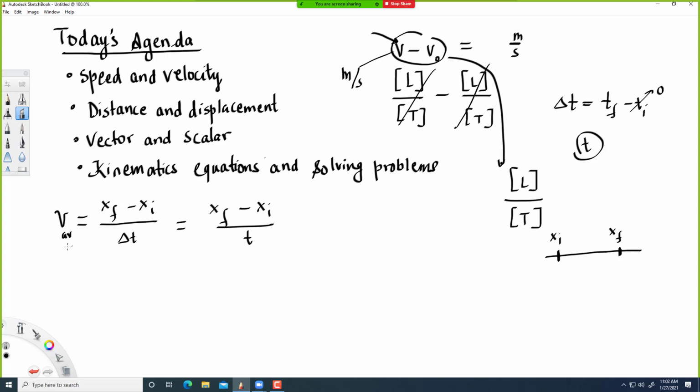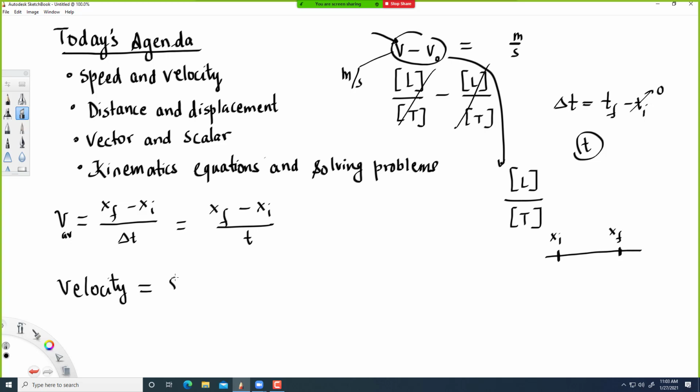We talked about speed, but now let's talk about what is velocity. Velocity and speed are same kind of things, except velocity has direction in addition to the value or number.